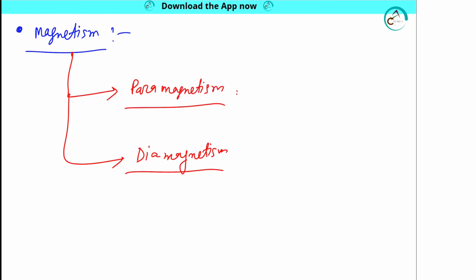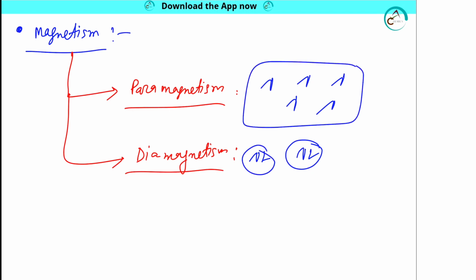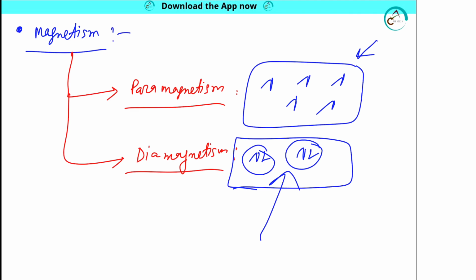In case of paramagnetism, in a metal system, in a complex, you will find some half spin electrons. In case of diamagnetism, you won't find any half spin electrons. That means all the electrons will be paired up. The system will be paramagnetic if the complex has some unpaired electrons, but in diamagnetism you will find only a paired up system.